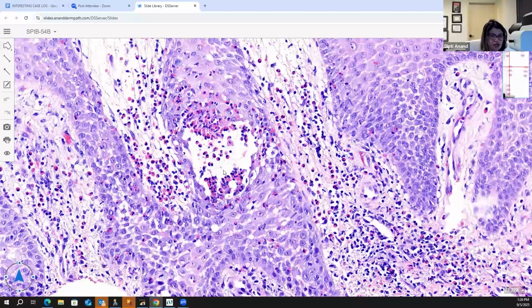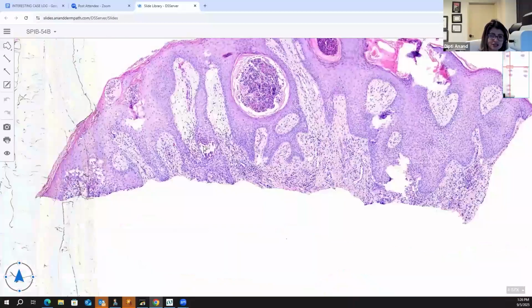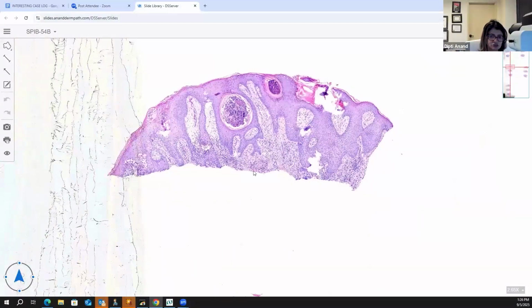Obviously BP is there, and you also think about the pemphigus group of diseases. Both vulgaris and foliaceus can attract eosinophils, especially to this amount where they are producing microabscesses in the absence of significant spongiosis. You see that? And the epidermis is very thick, right?